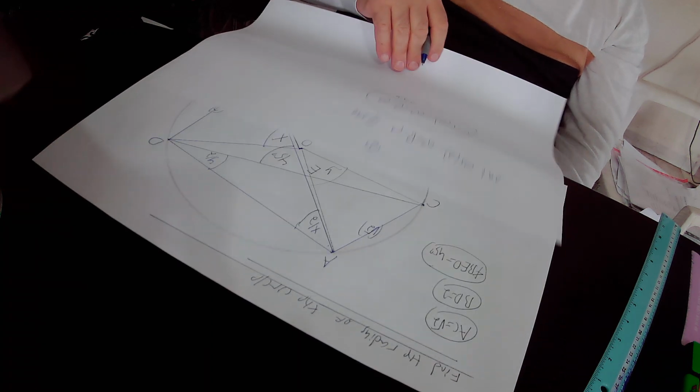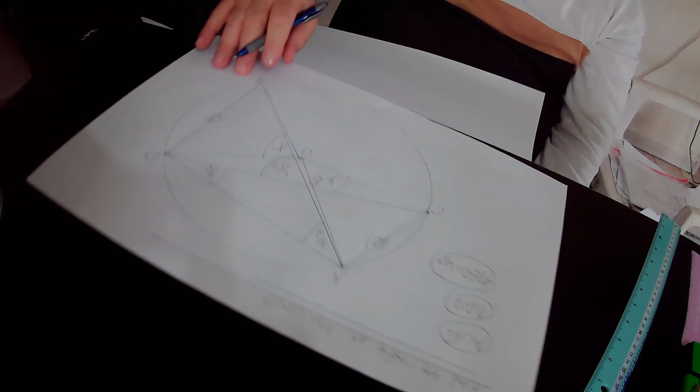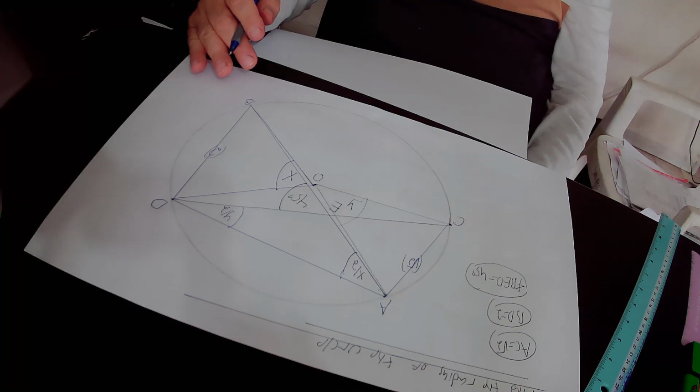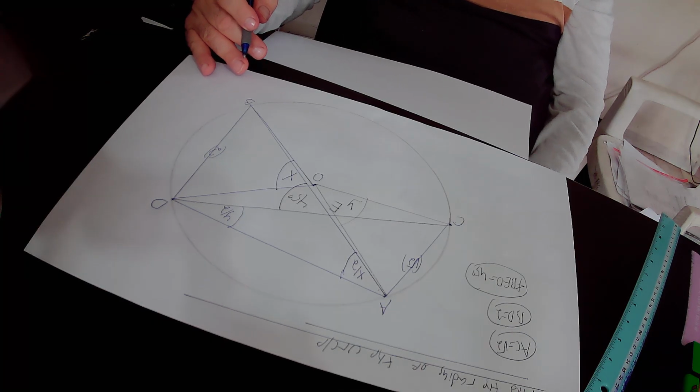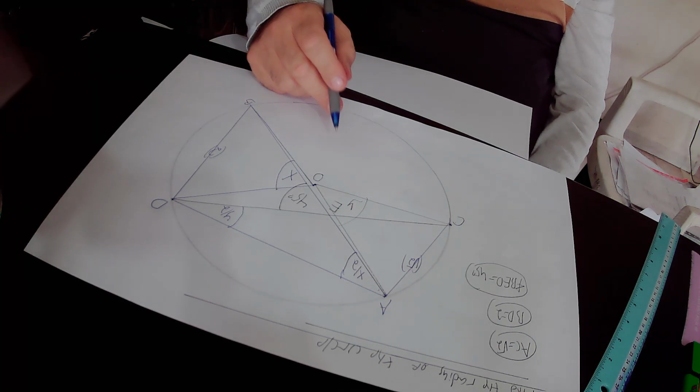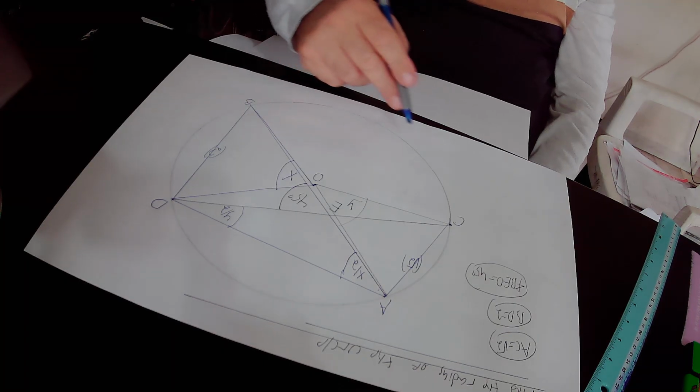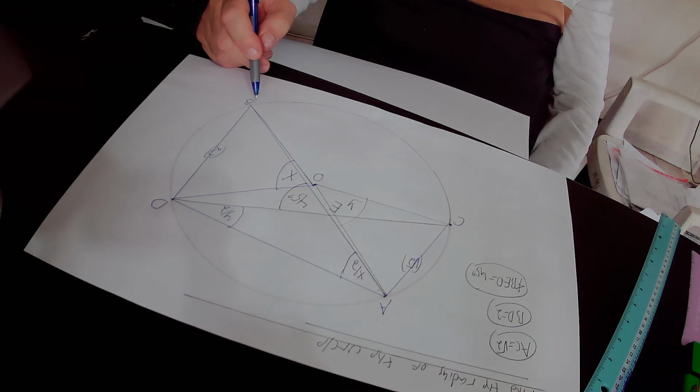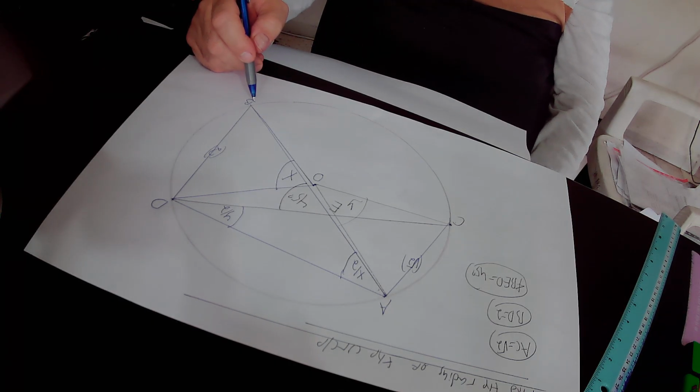Actually, we can implement the law of cosines in our drawing. First of all, we know that point O is the center of this circle, point B is on the circle itself, therefore OB is the radius of this circle.